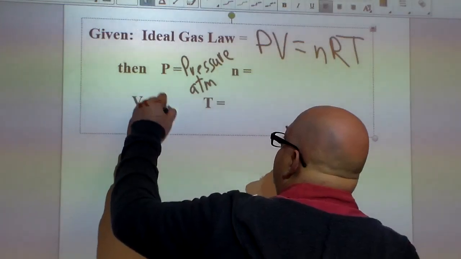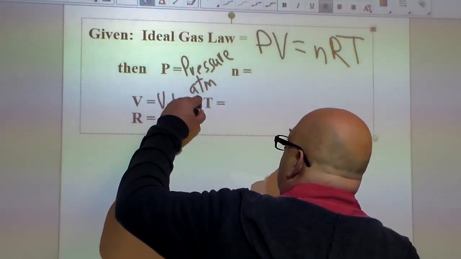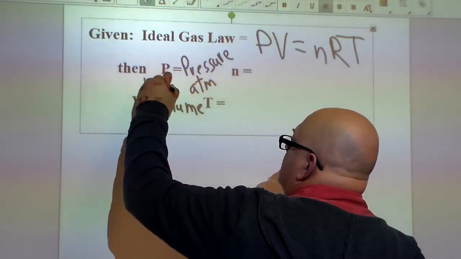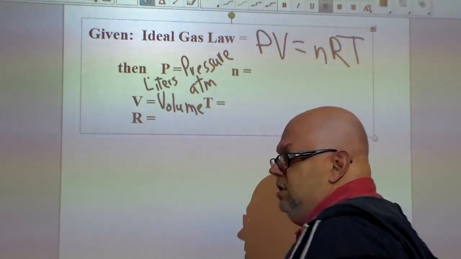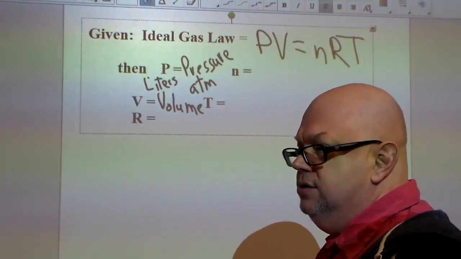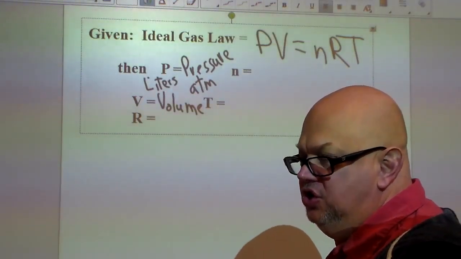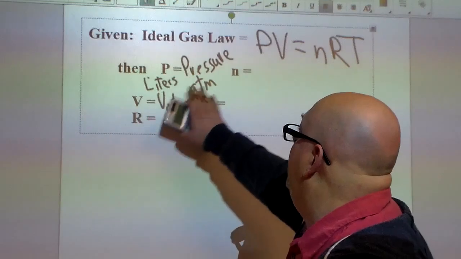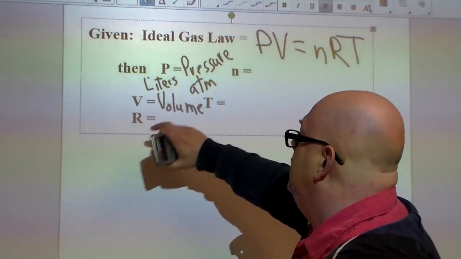The V is volume. The volume in this case is going to have to be in liters. Can we work the problem with milliliters? Yes, but you still need to change it to liters. The reason for that is because of R, which we'll get to in a minute.